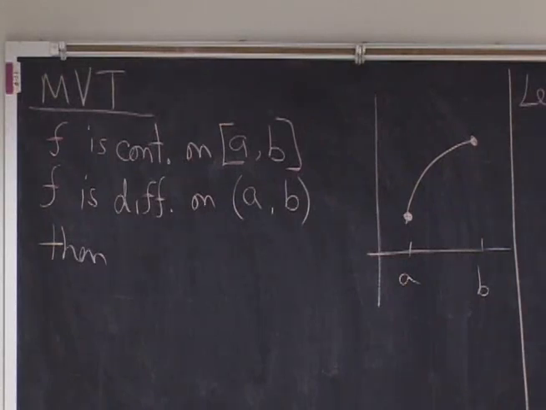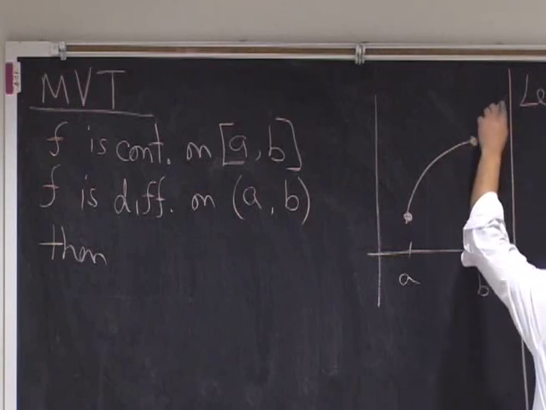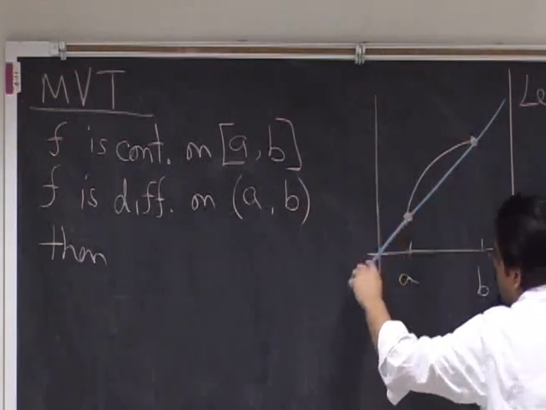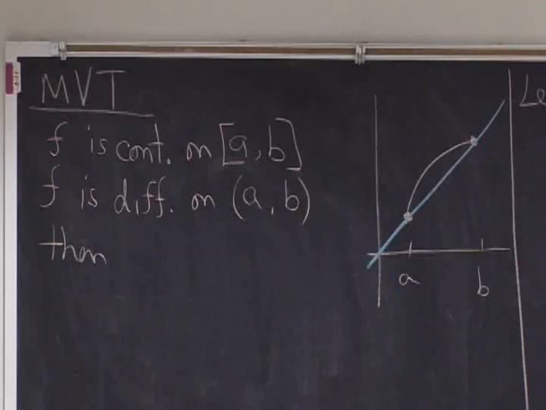And here's a visual of what this theorem says. Connect the two points. In other words, draw the secant line from (a, f of a) to (b, f of b).